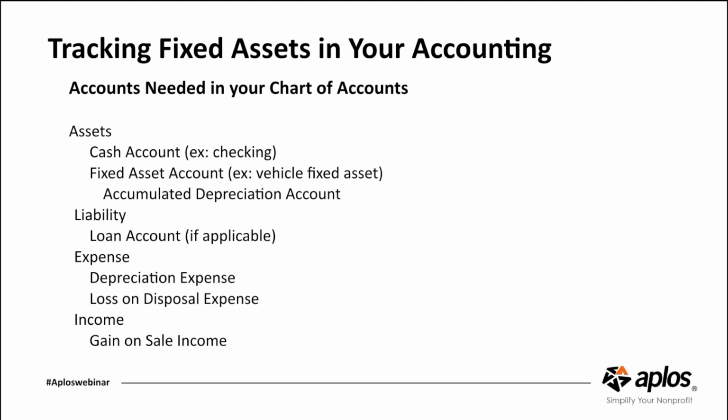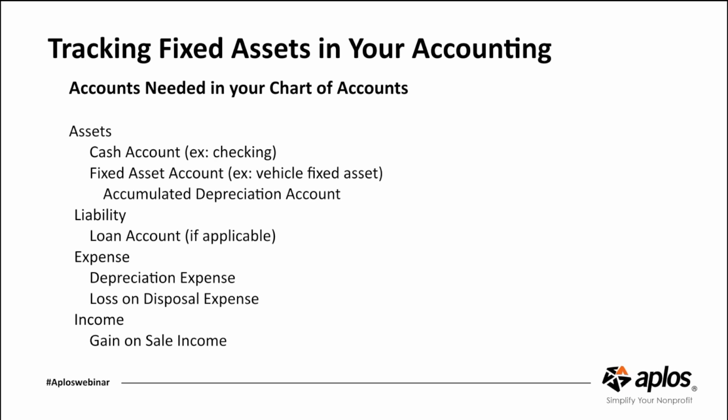So let's say I've depreciated $10,000 of my $25,000 car, so it's got a book value of $15,000, and I sell it for $10,000. Well, I just took a hit. It was worth $15,000 on my books, but I sold it for 10. So my loss on disposal, or loss on sale of a fixed asset, expense account says that I basically ate the cost of $5,000 of the car.